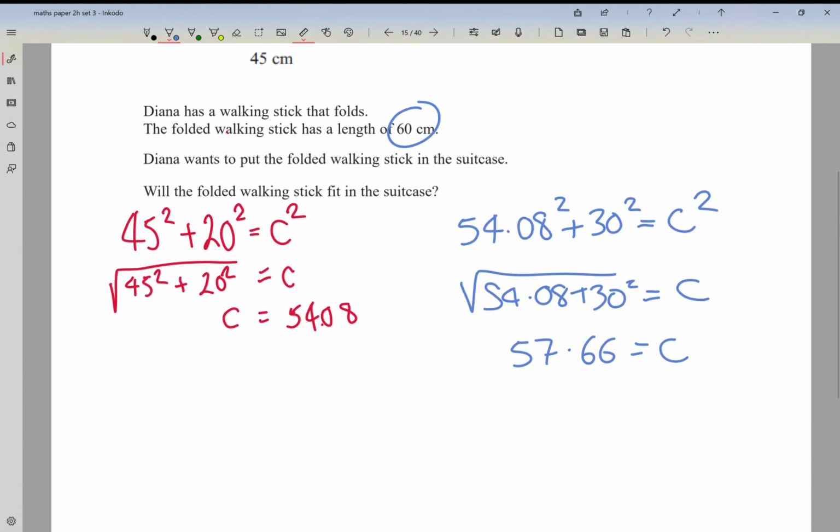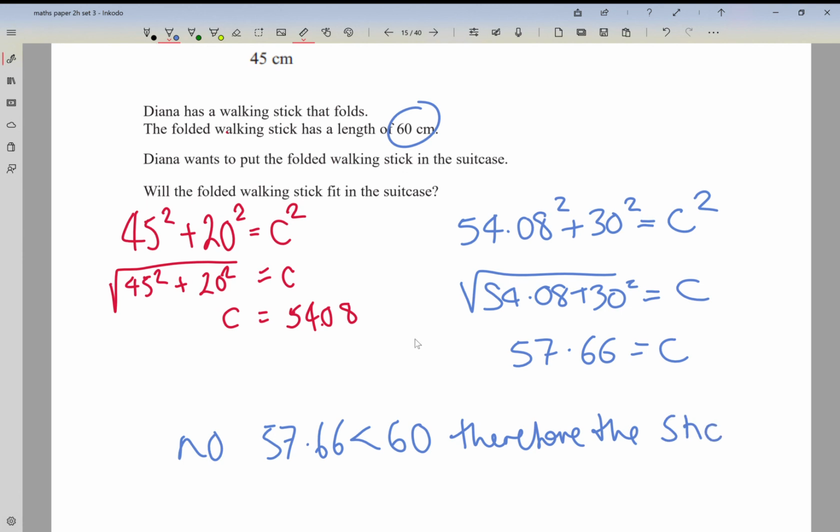So then you say, no, 57.66 is less than 60, therefore the stick will not fit. Okay, and that's it really.